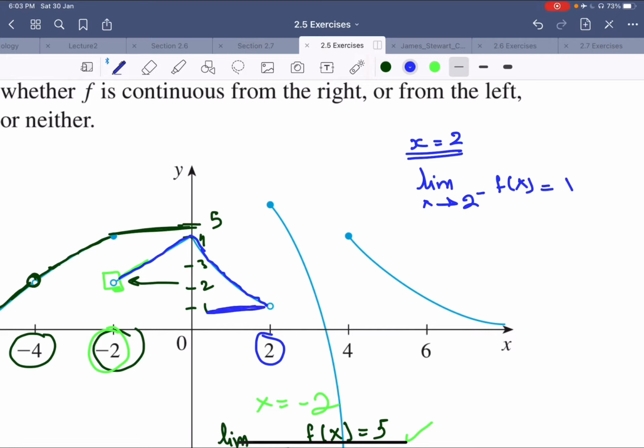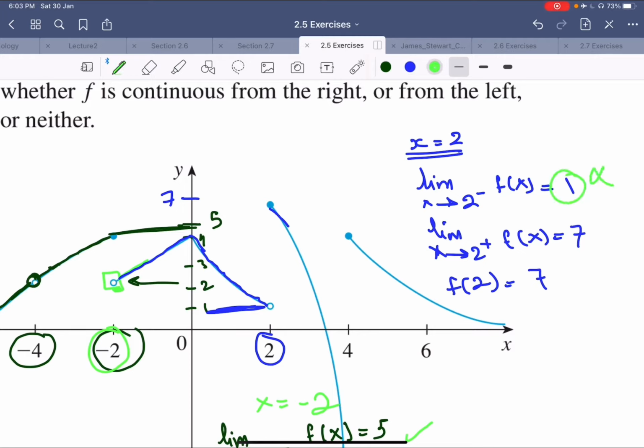And the limit when x goes to 2 from the right is nearly 7. And the image of 2 is 7. So we said all three must be the same, and here they are different. So f of x is discontinuous when x equals 2.